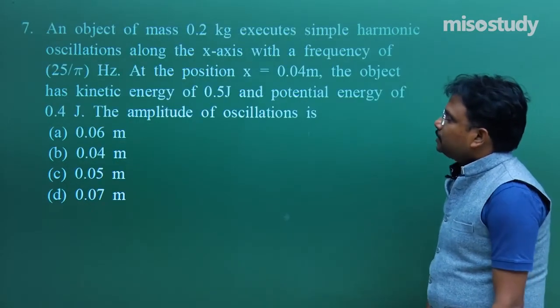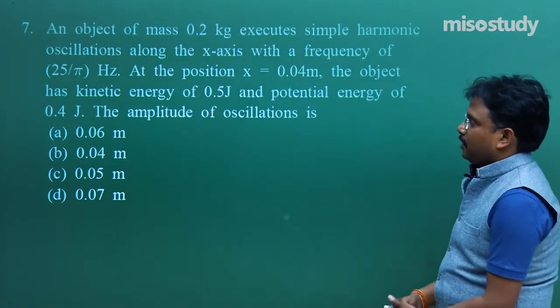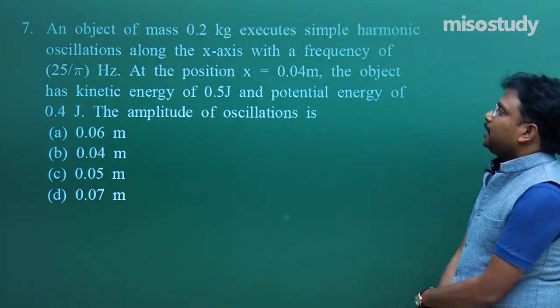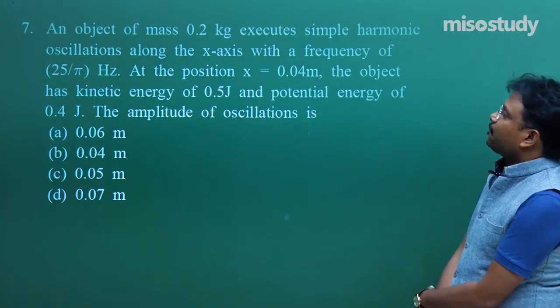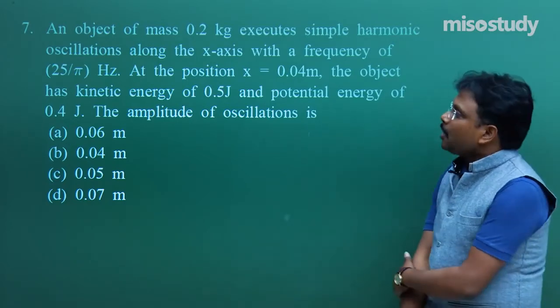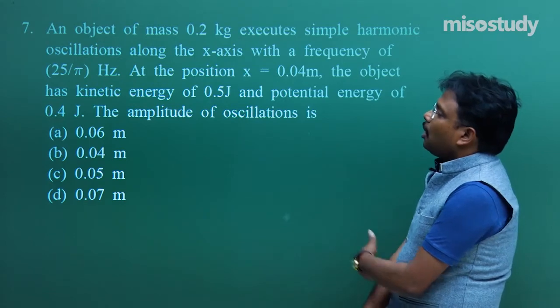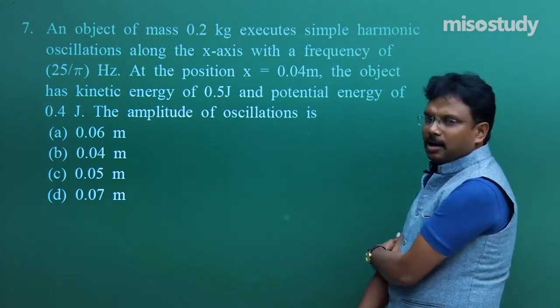Let's move ahead. This is question number 7. An object of mass 0.2 kg executes SHM, okay, along the x-axis with a frequency of 25 by pi hertz, okay.